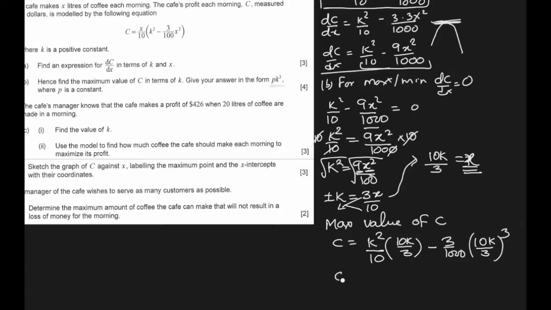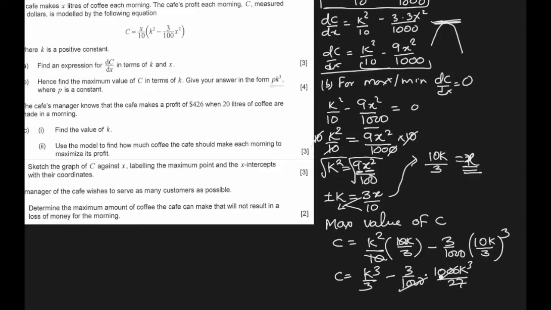All right, so c is k square over 10 times, okay, we can cancel this because it has no exponent, so we can write what? k cube over 3, because this 10 and this 10 got cancelled. Minus, this will have to open up, 3 over 1000 multiplied by 1000. 10 cube is 1000, k cube is k cube, 3 cube is 27.